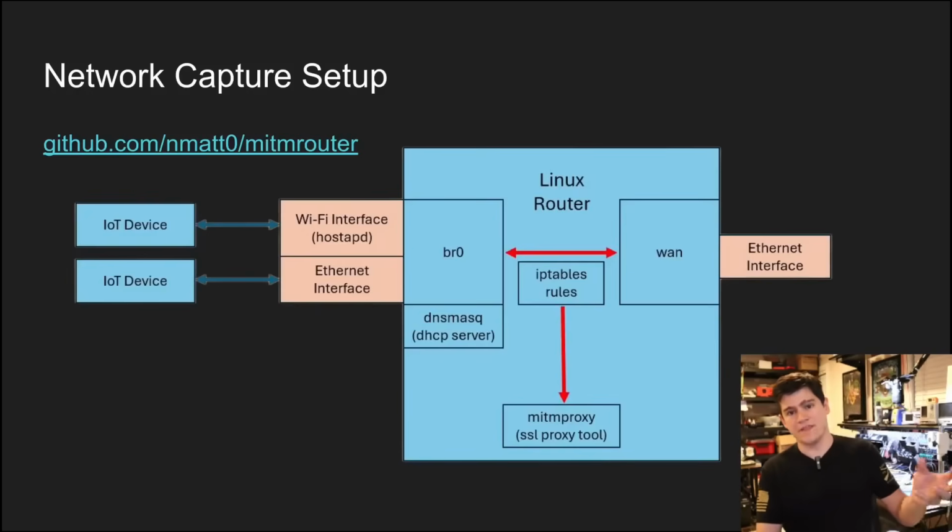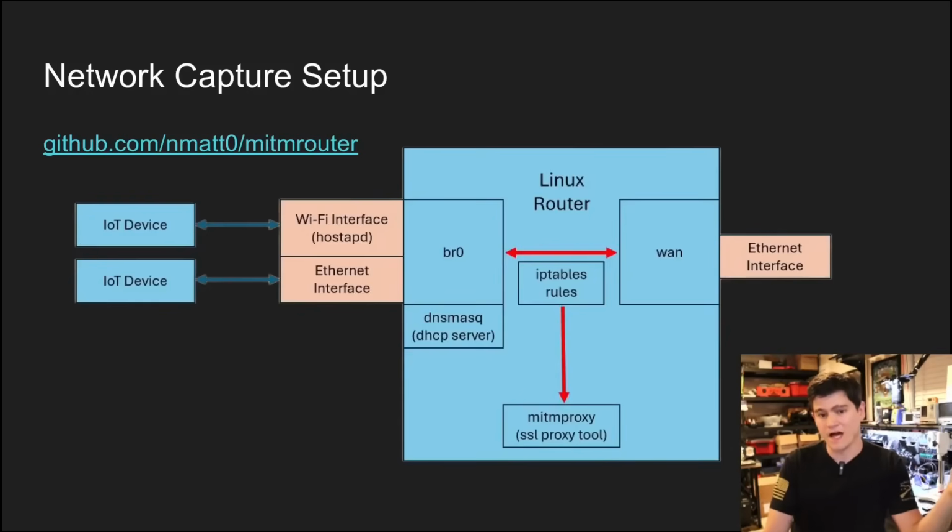And so that gives a wireless network where you can configure the SSID, the password, the encryption type, everything that you want to play around with as a security tester to allow those IoT devices to connect. Additionally, we have the option to have an Ethernet interface, and that's what we're going to use in our case study today, because our device is power over Ethernet and communicates over Ethernet as well, obviously. So that is all going to connect to this br0 bridge interface in this setup.